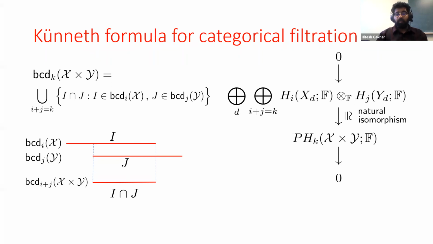So you take all possible values of I and j such that I and j add up to k, look at the ith barcode of x and the jth barcode of y, and take all possible intersections that you can, and the kth barcode of x times y will be exactly that.